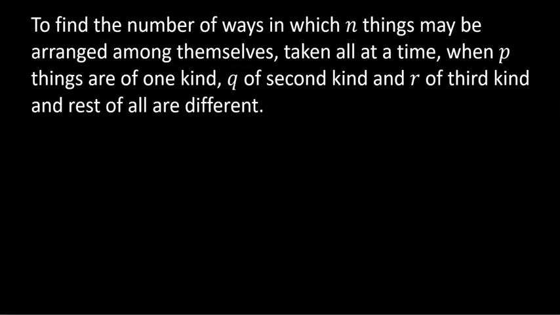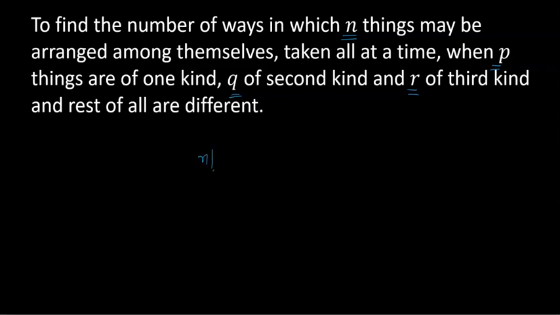Now this is again a very important concept in permutation: when you have to find the number of ways in which n things may be arranged among themselves, taken all at a time, when p things are of one kind and q of second kind and r of third kind, then how the different possibilities of permutation can be calculated.